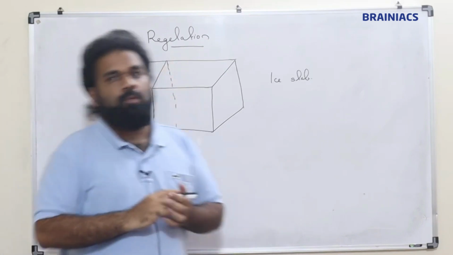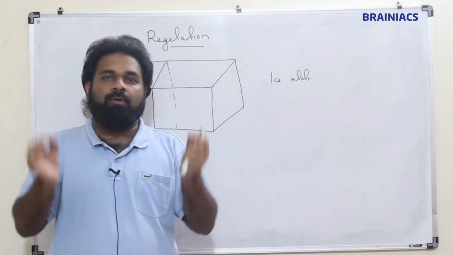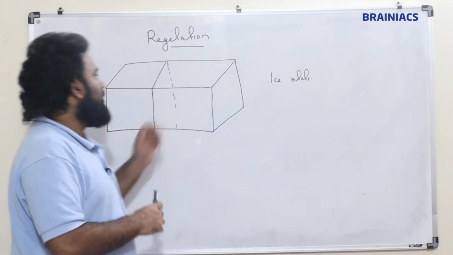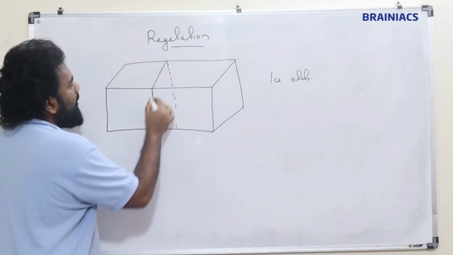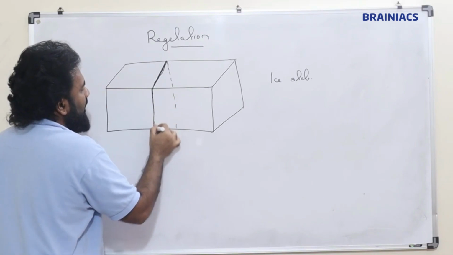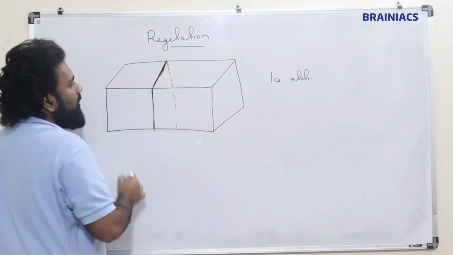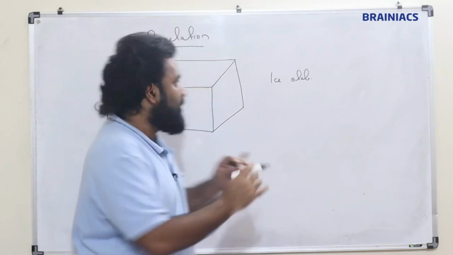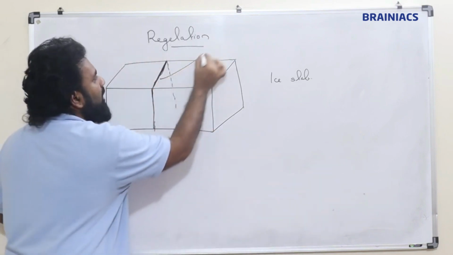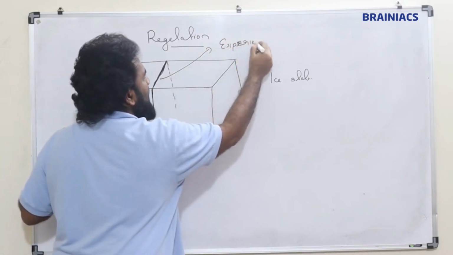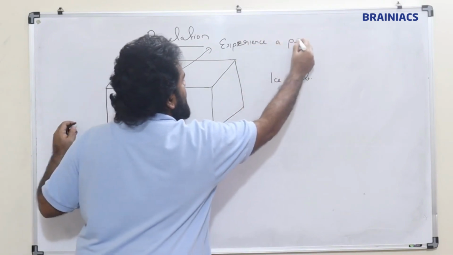Or a small piece of cloth or a thin string, suppose we put it like this, what will happen? Because of the weight of this string, this ice slab at this point will experience a pressure.